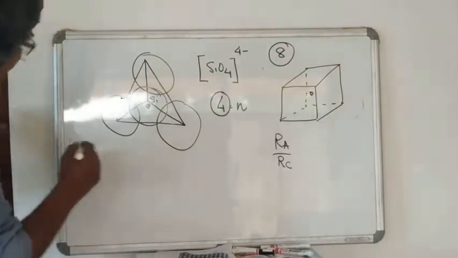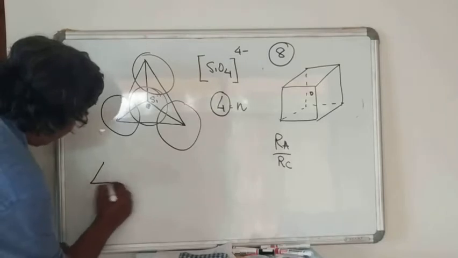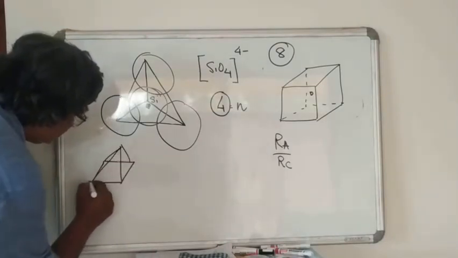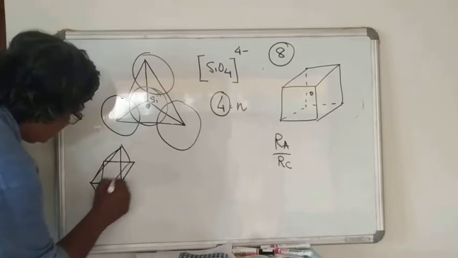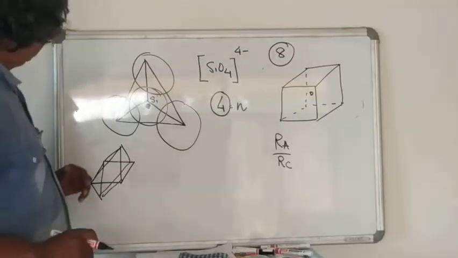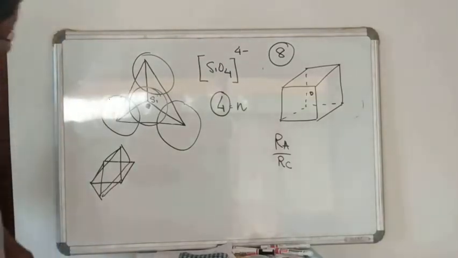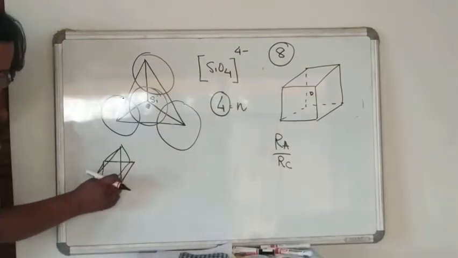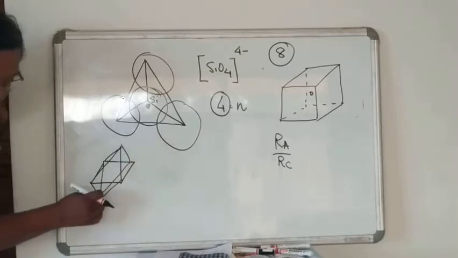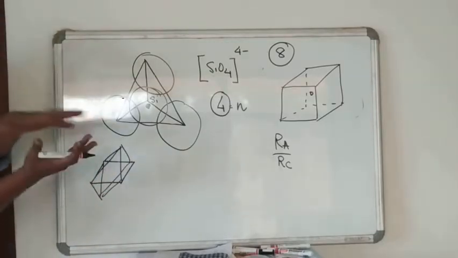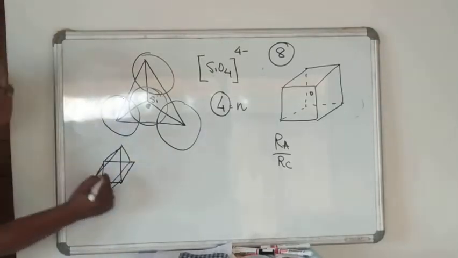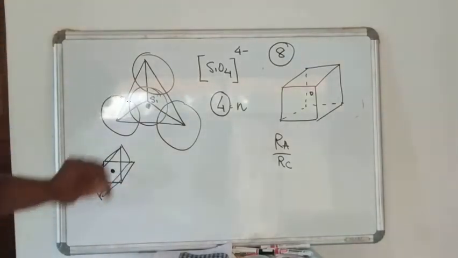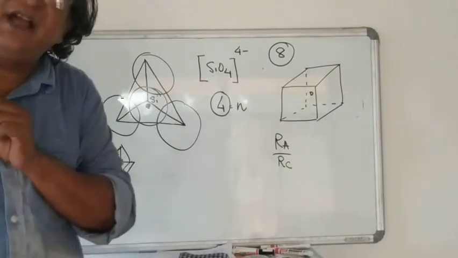And similarly, for example, you can have a situation where there will be 1, 2, 3, 4 oxygen atoms, one at the top, one at the bottom. That means a tetrahedron placed one above the other. And here inside you will have a small cation, and we can find out the Ra by Rc value.